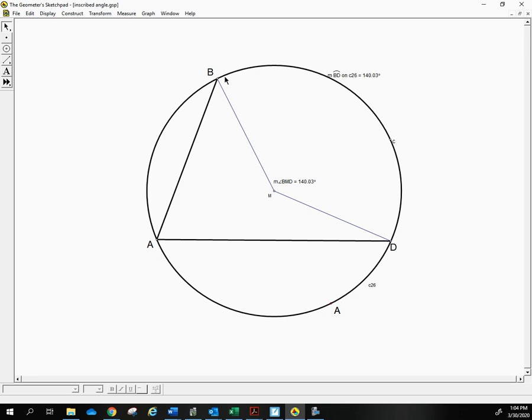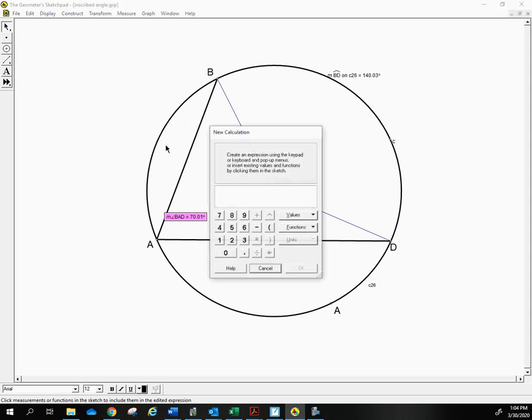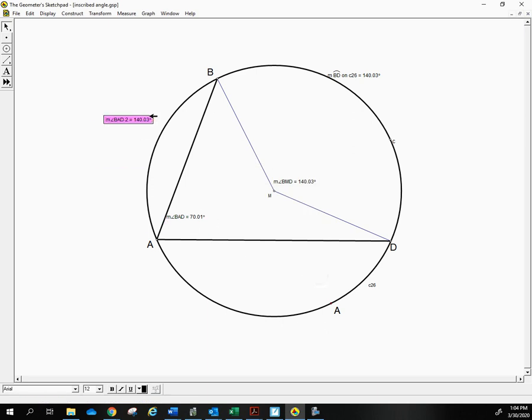If I measure this inscribed angle, I can use my calculator and multiply this angle by 2.